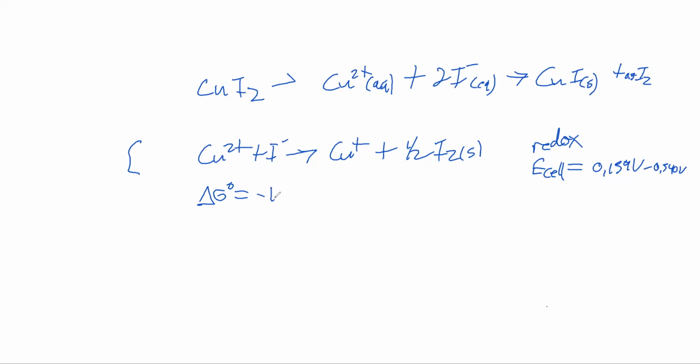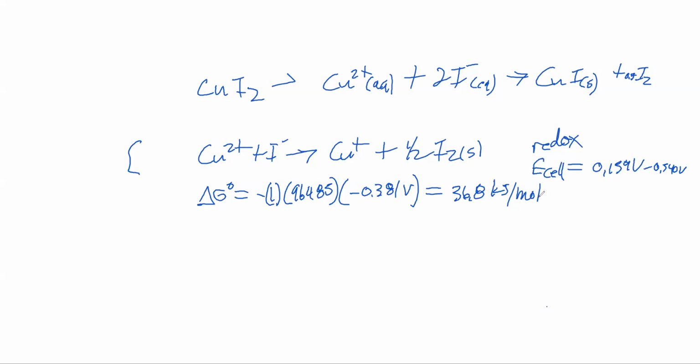So we should have negative 1 times 96485 times our E cell, which in this case is going to be 0.159 minus 0.540. And so we get 36.8 kilojoules per mole, which doesn't seem very spontaneous.